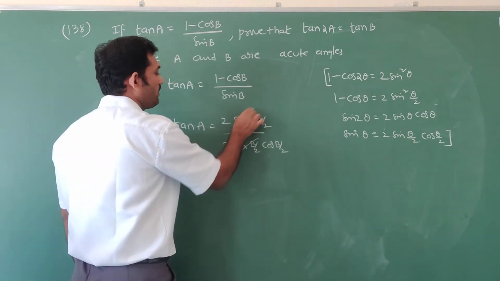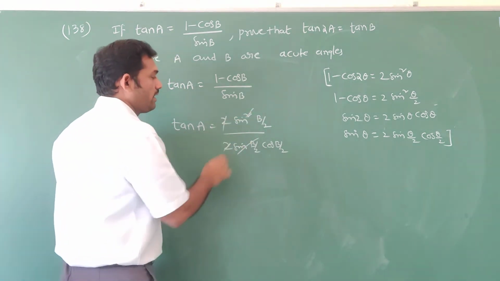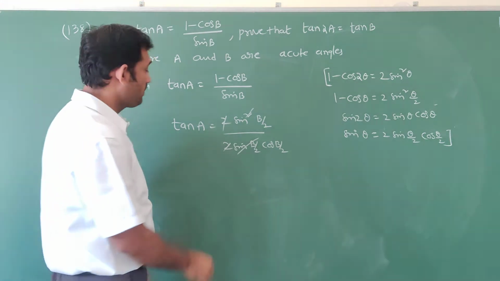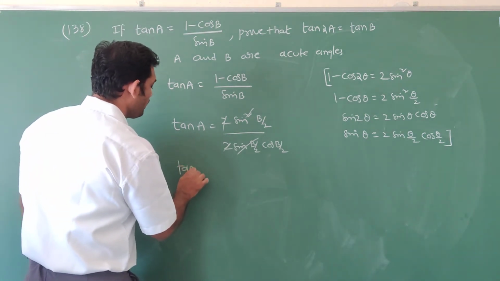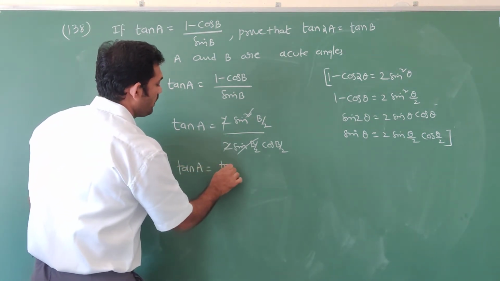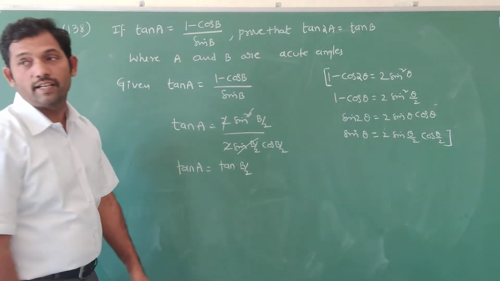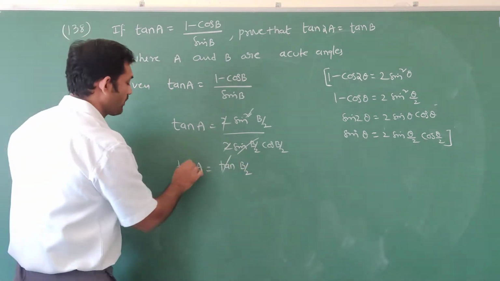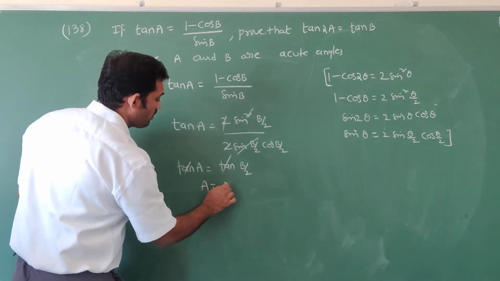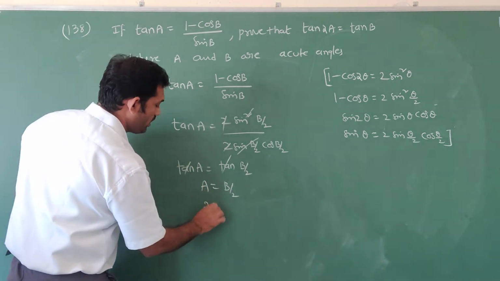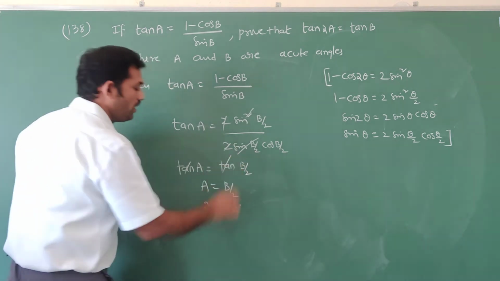So sin cancels, 2 cancels, sin by cos is tan. Tan A is equal to tan B by 2. Both sides tan cancels. What happens? A is equal to B by 2. So 2A equal to B.